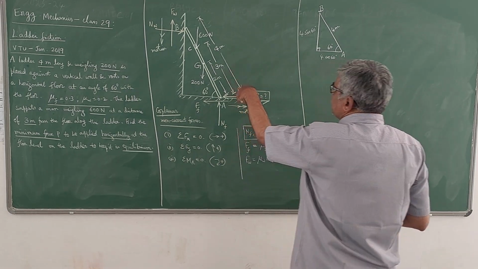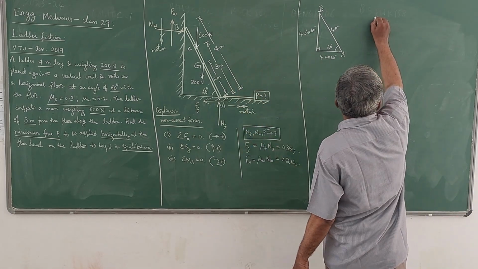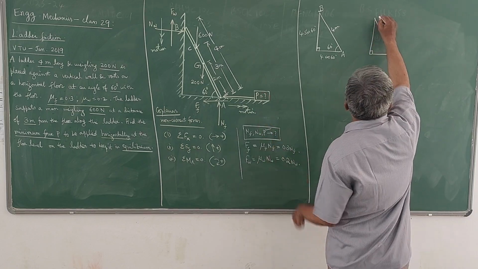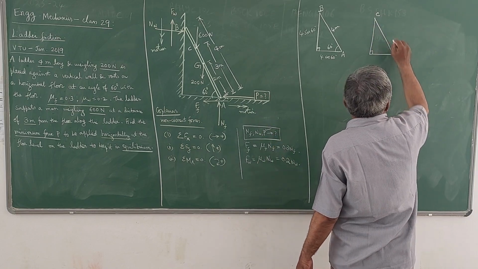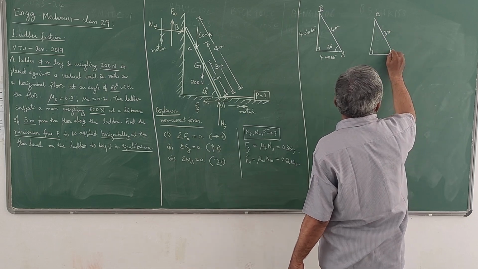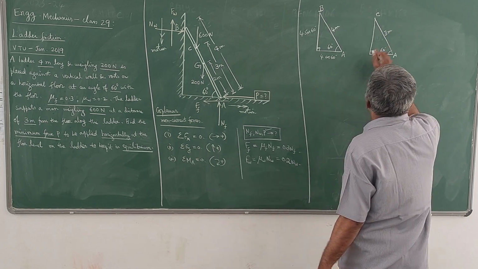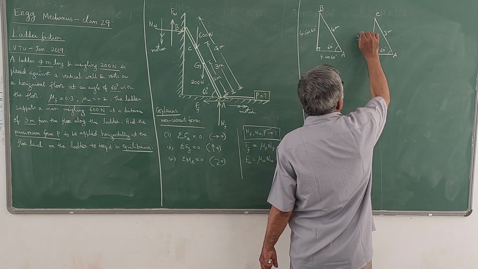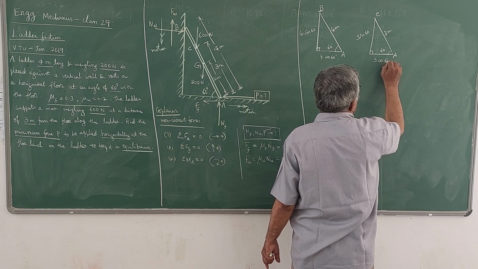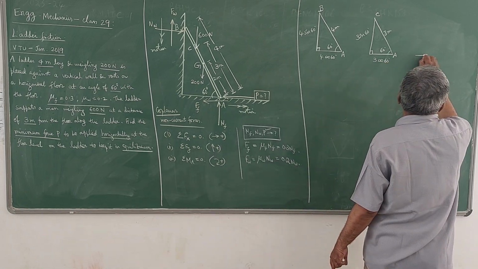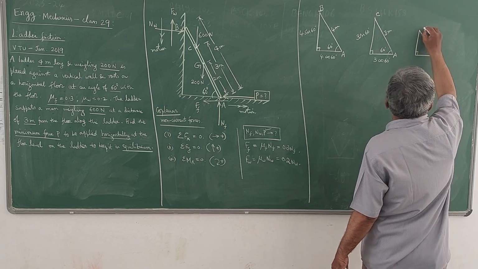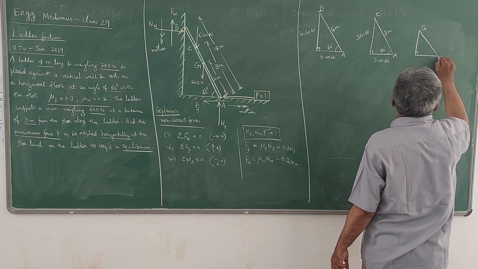Similarly, if I take the second, smaller triangle, we have this second triangle as CA. The distance here is 3 meters. Here also the angle is 60 degrees, remains the same. This becomes 3 sin 60, opposite side 3 cos 60. And the third triangle is a smaller one, which is nothing but GA.